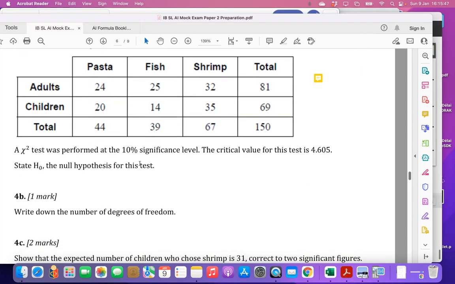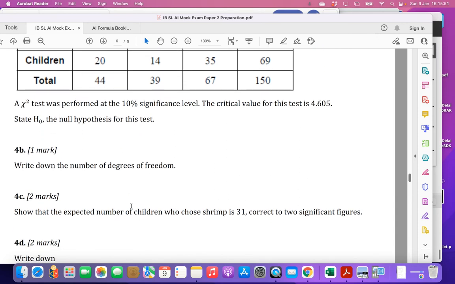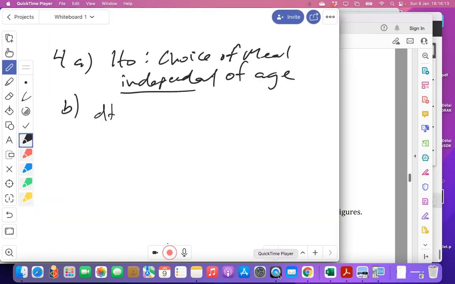All right, write down the number of degrees of freedom, and then we're going to show the expected number. So this is one of the formulae that's not on the formula booklet. We don't have anything for chi-squared. So we got to know that the degrees of freedom is rows minus 1 times columns minus 1.